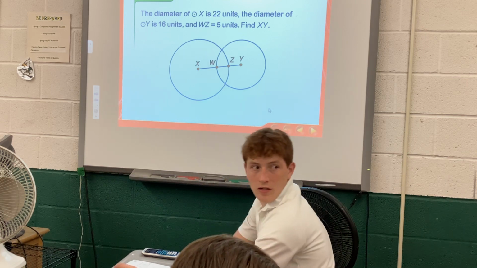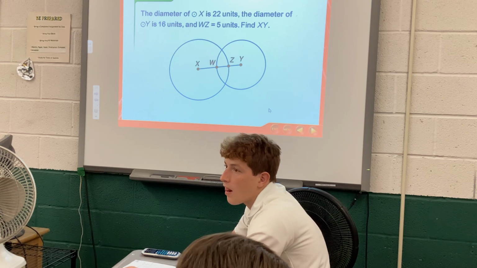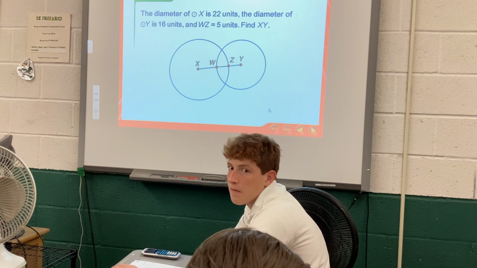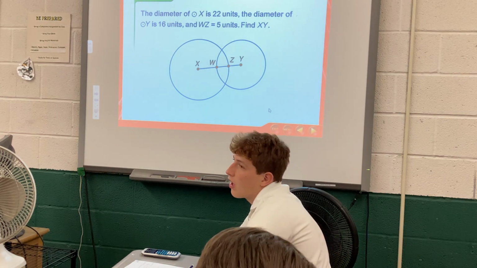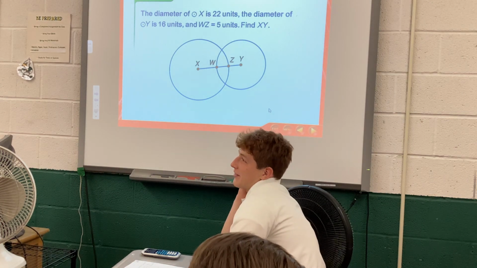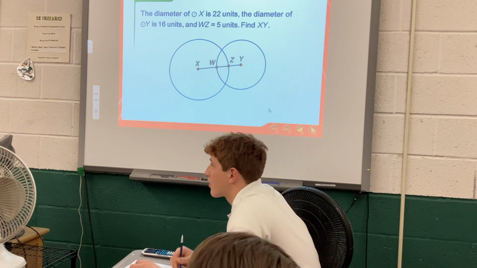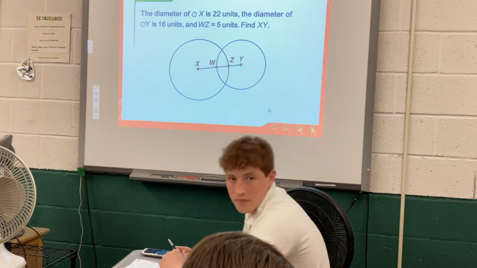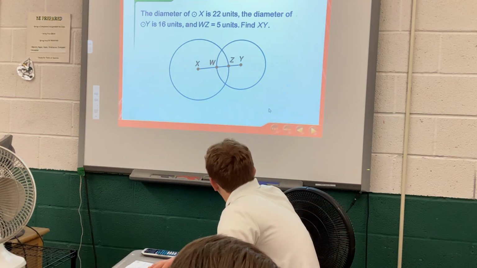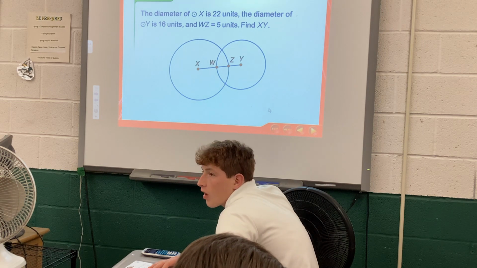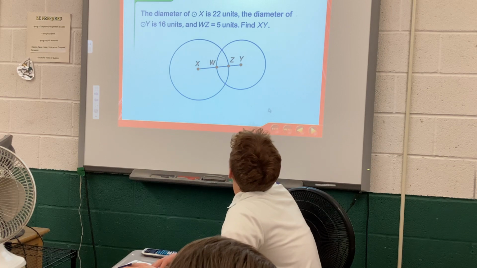You divide 22 and 16. Add 5. You think it's 24? 11 plus 8 plus 5. That's 24. Why? Because the diameter of X is 22, you divide that by 2, so X to Z is 11, Y to W would be 8, and then 11 plus.